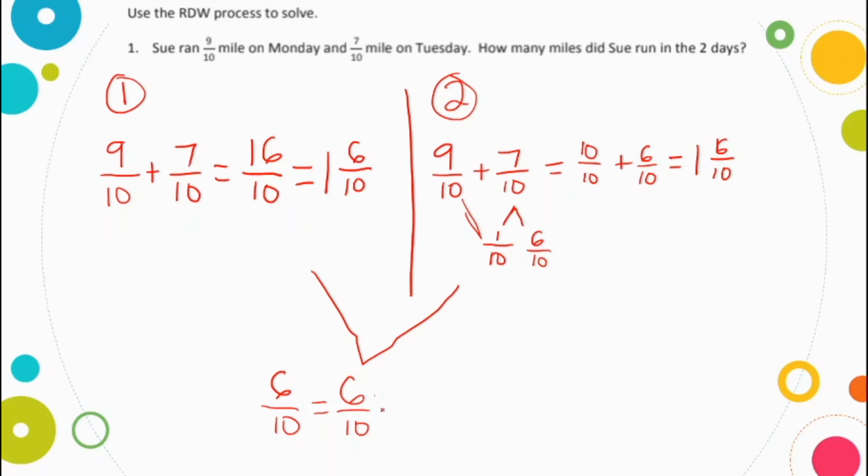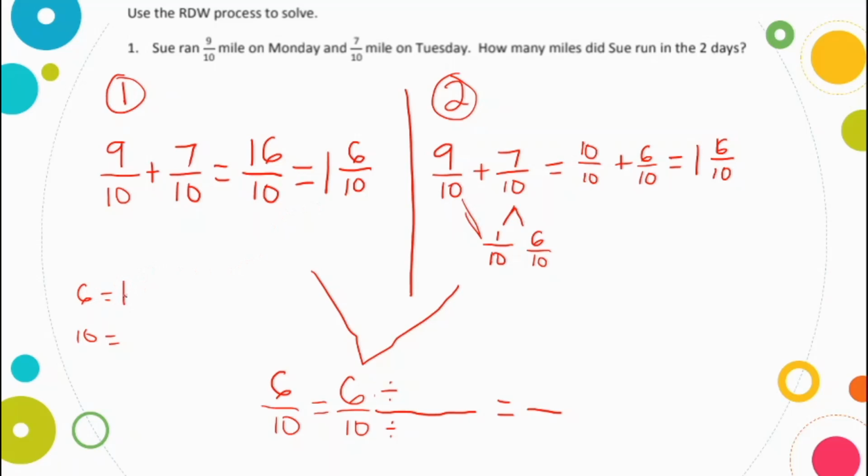So what numbers can we divide 6 and 10 by? Well, we're going to try and find the number that will reduce it the most. So we'll start with factors of 6, because that should be easy.